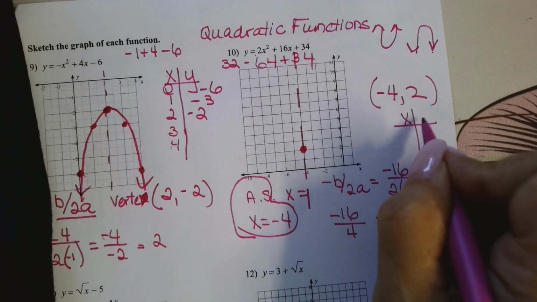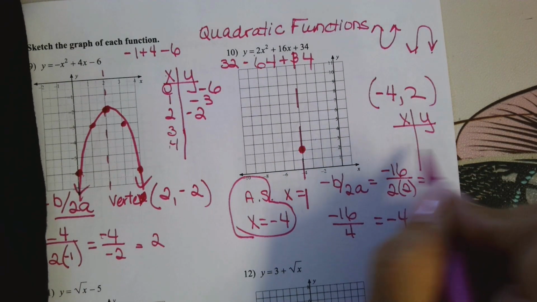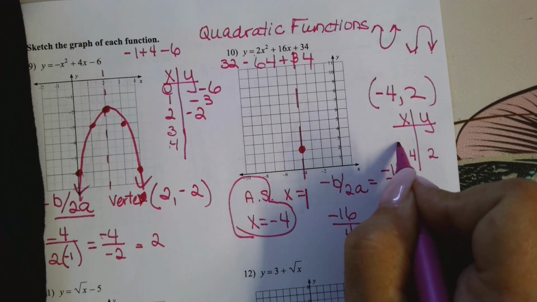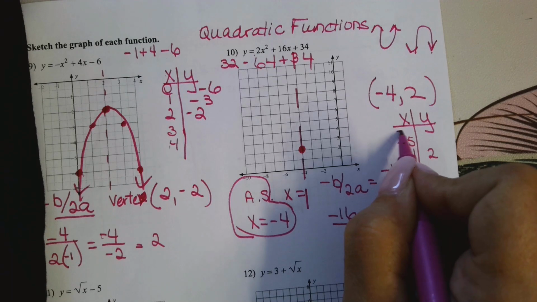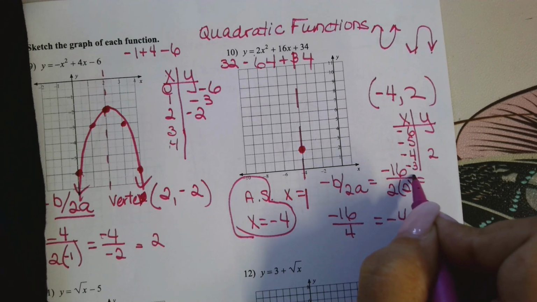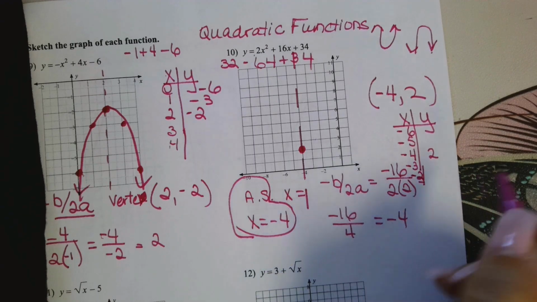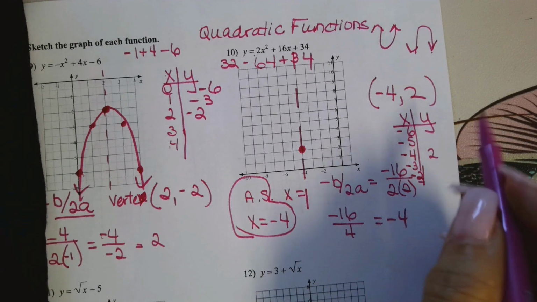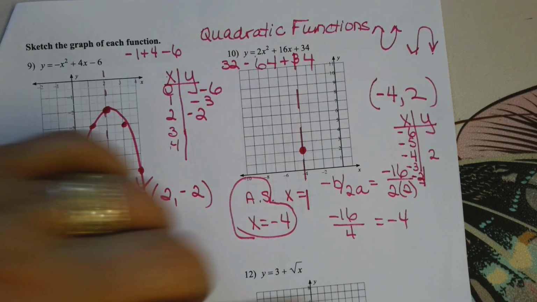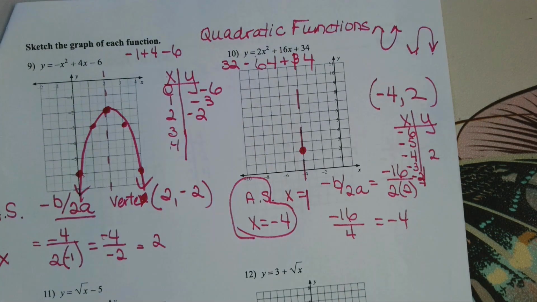And let's just pick a few numbers. We know the vertex is at -4, 2. So let's pick -5 and -6. And remember, you're going to get the same thing on the other side because of the symmetry, right? So let's plug in a smaller number, because let's make it easier on ourselves. Let's plug in a -2.